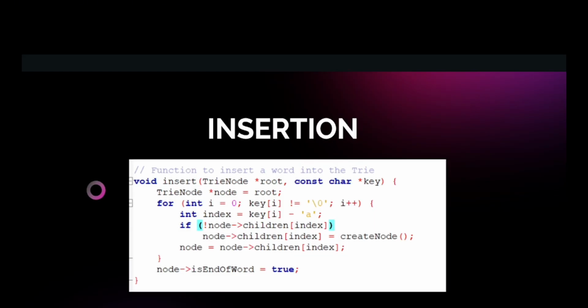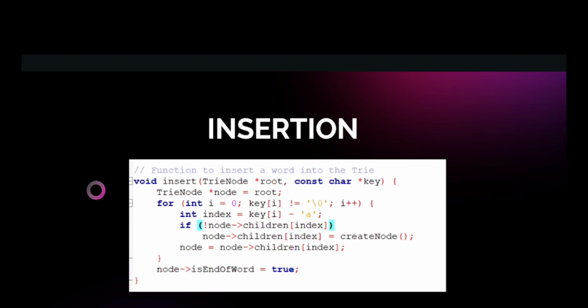Now, after that, we're going to check if the node exists for the letter. So here, if not node pointer children array of index. If no node exists at this index, then we need to create a new trie node.